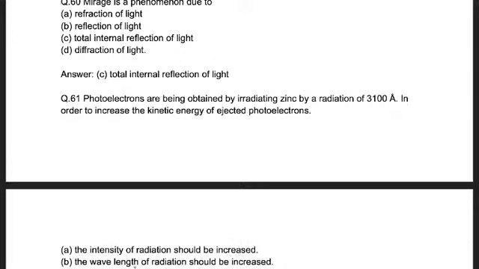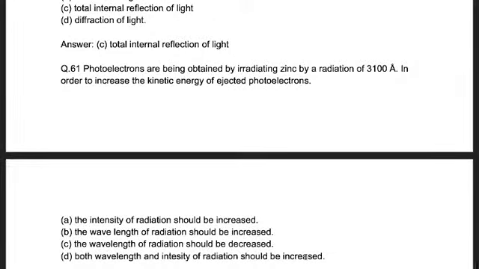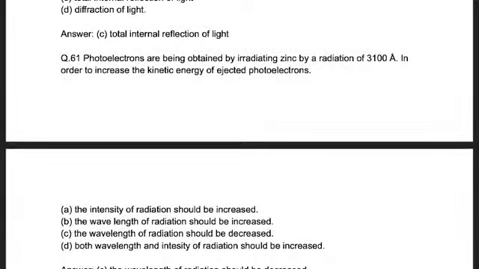B, the wavelength of radiation should be increased. C, the wavelength of the radiation should be decreased. D, both the wavelength and intensity of radiations should be increased. Very good. The answer is C. The wavelength of radiation should be decreased.